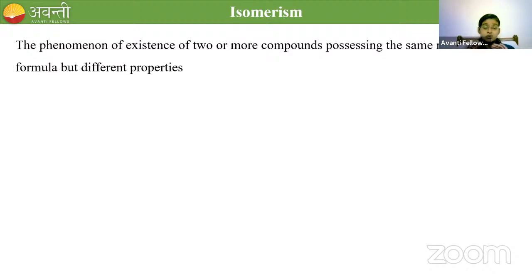You all know iso means same. So the molecular formula is going to be the same, but different chemical and physical properties will be there. So those compounds are called isomers and the phenomenon is called isomerism.